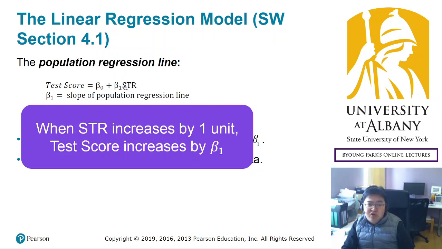That's the meaning of beta 1. Beta 0 and beta 1 are what we are going to estimate, and especially we may be particularly interested in beta 1.